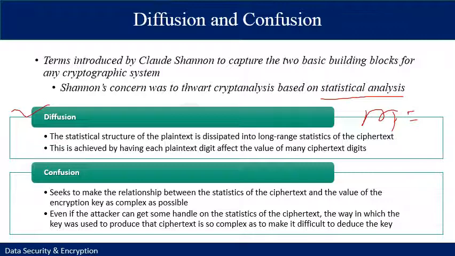For example, if we take the Vigenere cipher, we take the message bits and take the mod of each with 26, and we diffuse the values to a wide set of values so that statistical analysis cannot reveal the actual structure of the data.